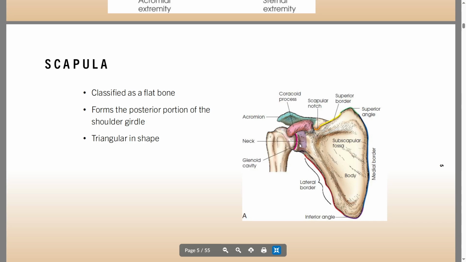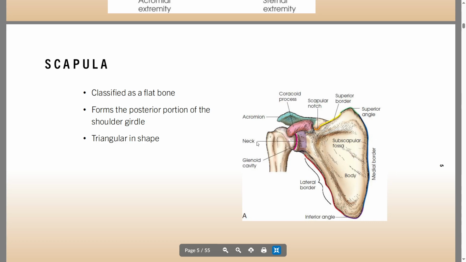Since that's where the humerus will articulate, that side's always going to be the lateral side. So lateral border goes right up to the glenoid cavity, or glenoid fossa, where it'll articulate with that humeral head.